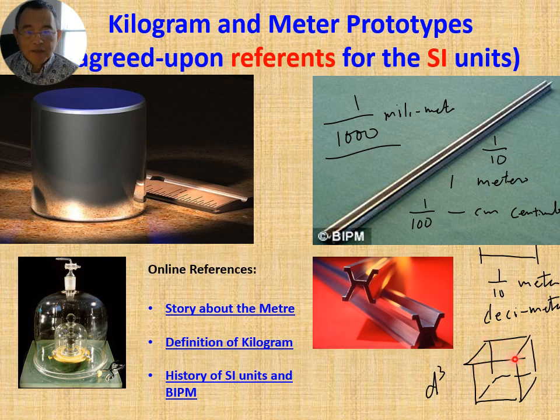If you divide this into 10 pieces, then 1/10 of a meter is called a decimeter. And if you divide it into 100 pieces, that is called a centimeter.